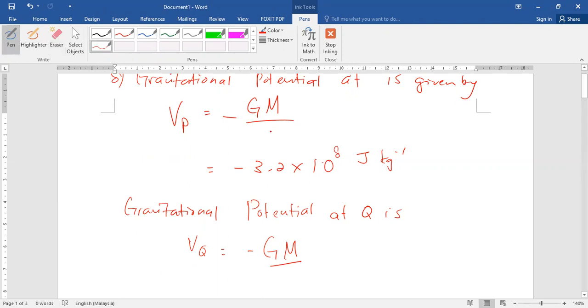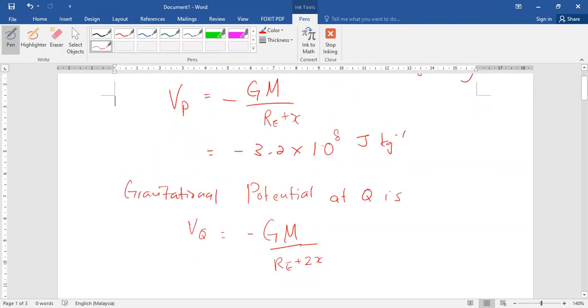First will be Re plus h plus x, right? And this will be Re plus 2x. Is it like that or not? Let me see.